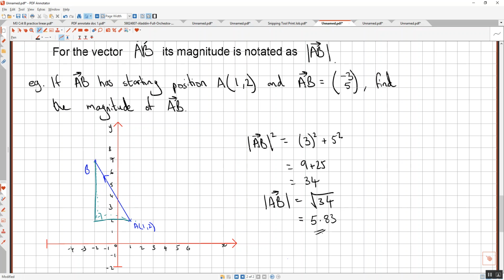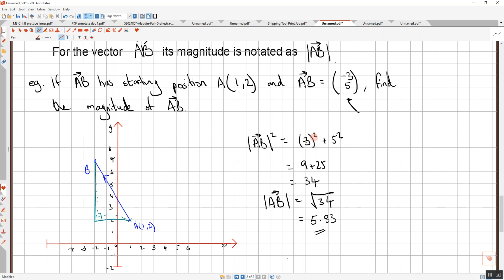Does it matter, looking at this, where the starting position is? No. It doesn't matter where this line AB actually starts from, because we're told its vector is -3, 5. It is this that determines the magnitude of the vector. Does it matter if it's negative or positive?